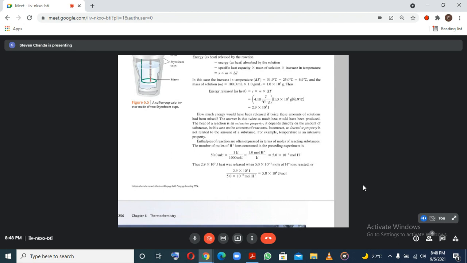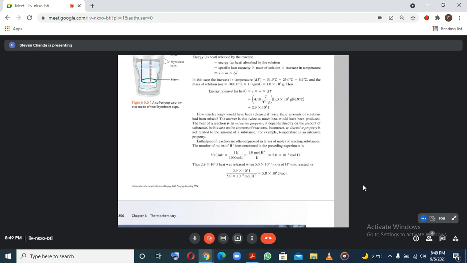So mass is equal to density times volume, which is pretty much what has been done there. So it's got 100 grams. So there we have everything. We've got the specific heat capacity, and you see they've written all the units properly there, and the units are cancelling properly, and you are getting that heat.